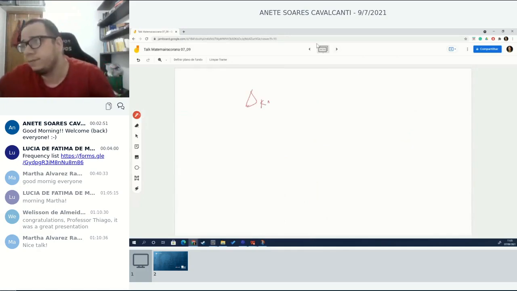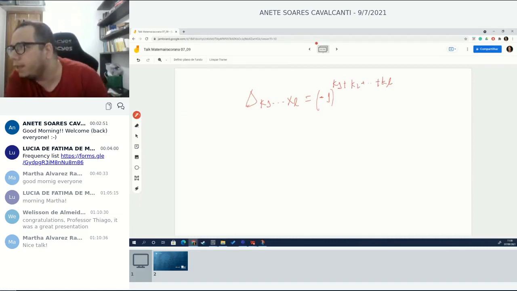And this delta_{k1 ... kL} is minus 1 to the power k1 plus k2 plus ... kL times omega of the subconfiguration of X when you omit k1, k2, ..., kL.